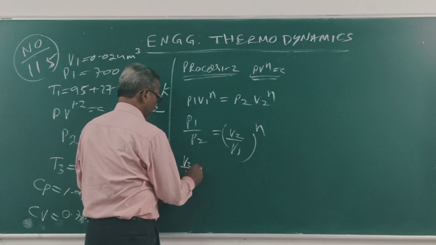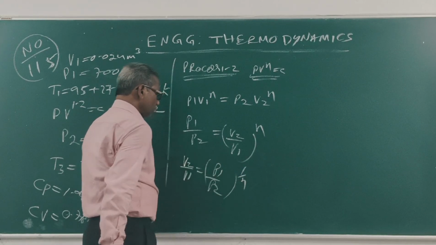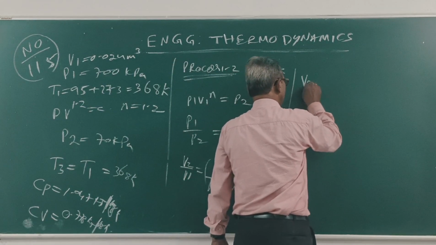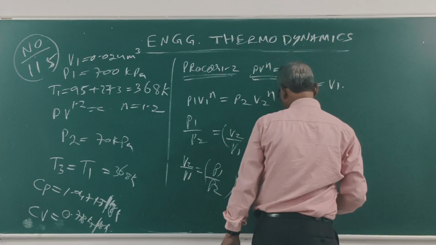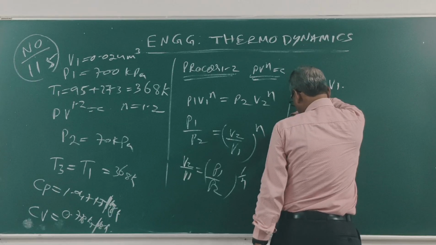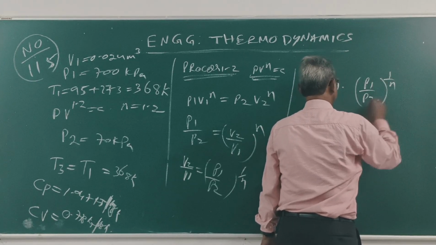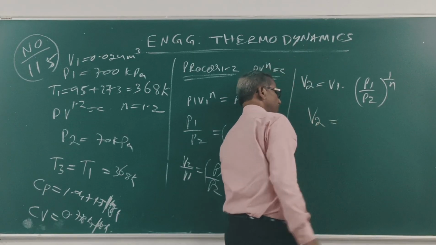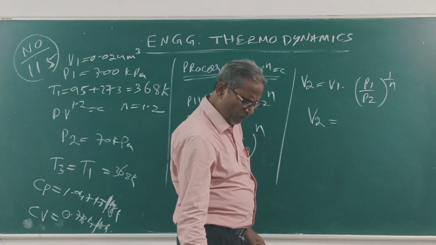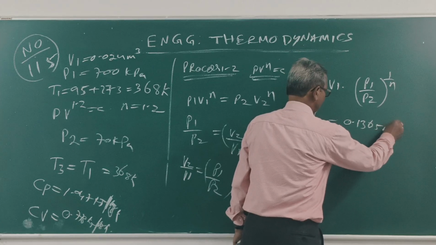So V2 by V1 is equal to P1 by P2 to the power of 1 by n. What is V2 equal to? V1 into P1 by P2 to the power of 1 by n. This is V2. Clear? So V2 is equal to 0.1365 meter cube. This is V2.